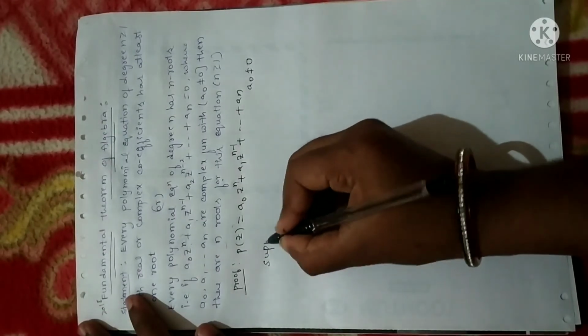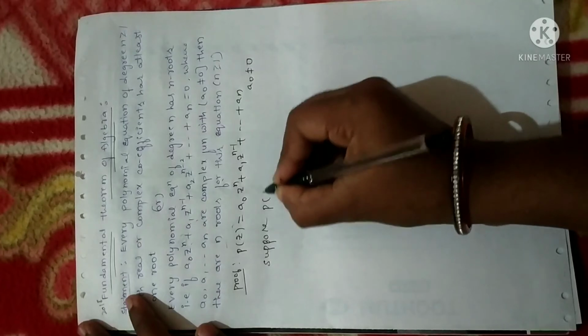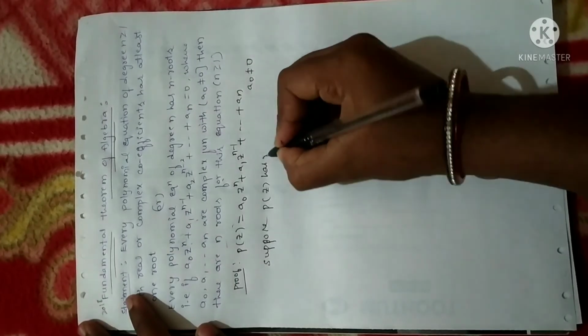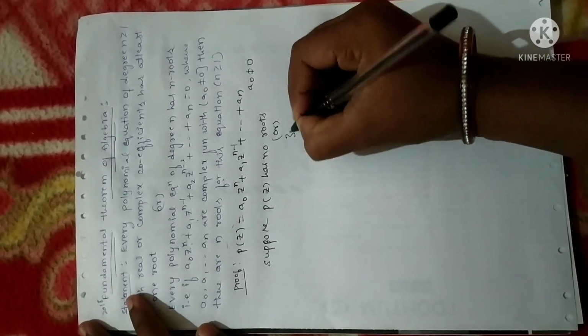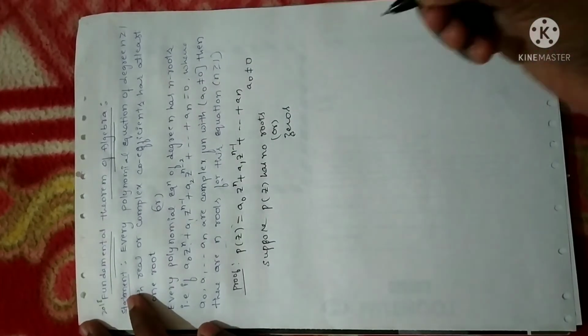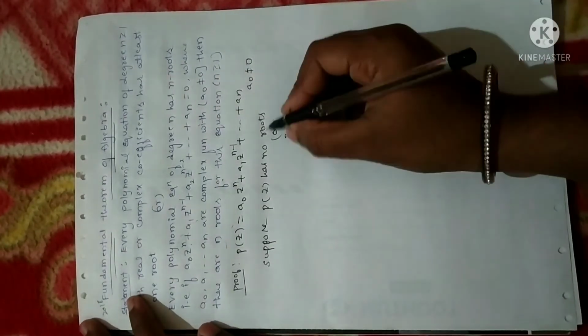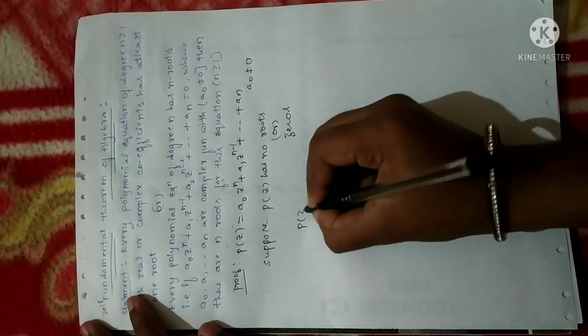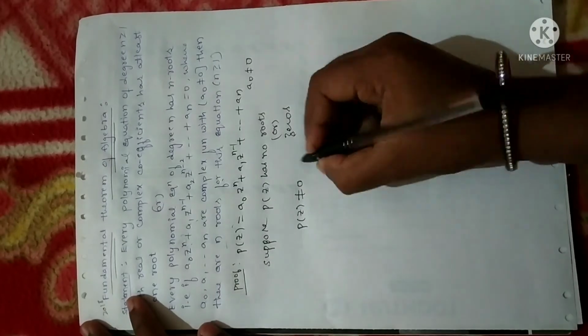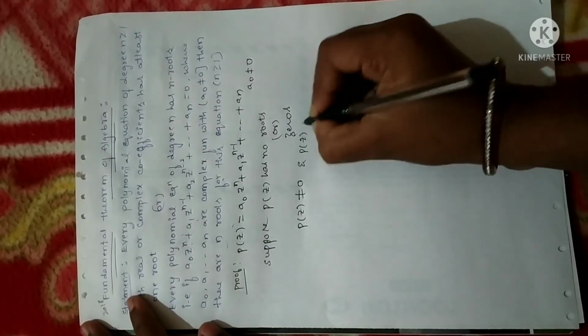Let me take, suppose p of z has no roots. Roots are the same as zeros. One more name for roots is zeros, as you already know. So suppose p of z has no roots or zeros. If that was the case, p of z should not be equal to 0 and p of z should be analytical, right?